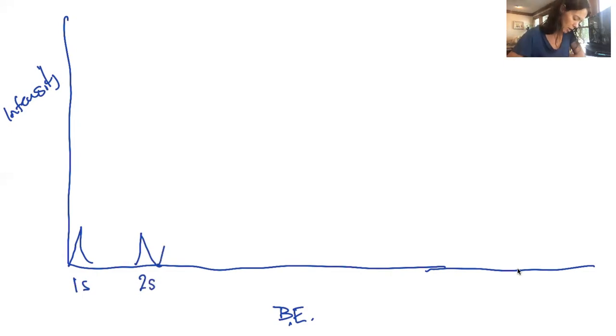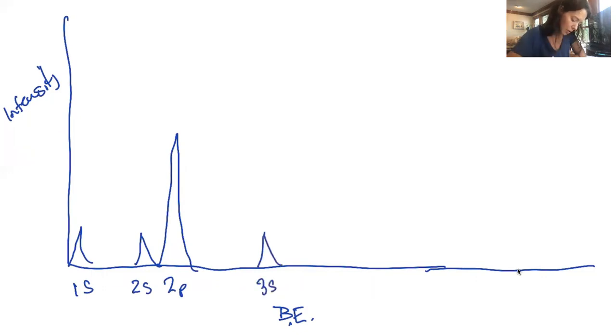And then that 2p will be close, right? But this time we're not going to label it. Well, sure, let's label it 1s, 2s, 2p, 6, and then we come out to 3s, and then we could go 3p4.